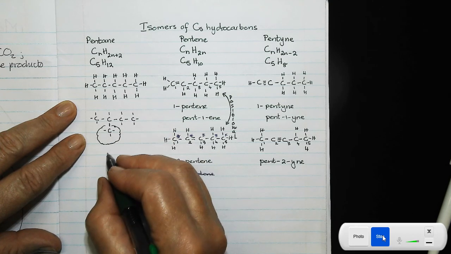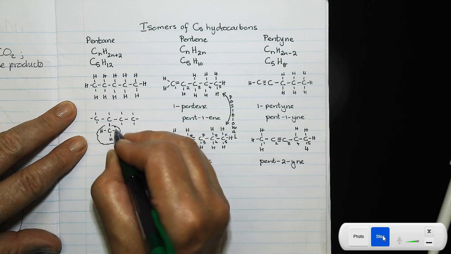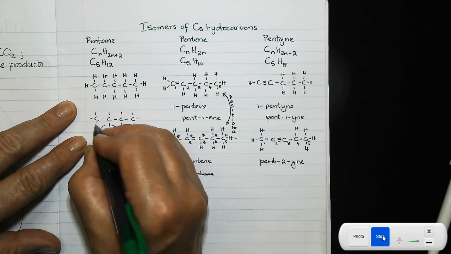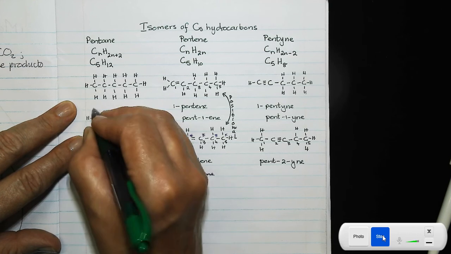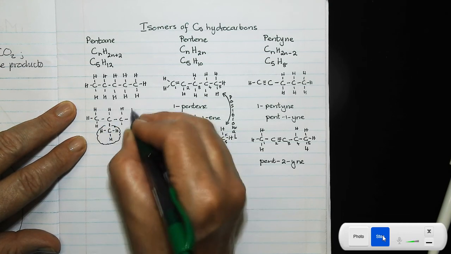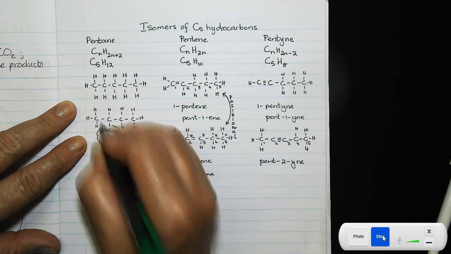It's got 1 carbon, so the methane becomes methyl, and this methyl group is joined onto the second carbon in a chain that's got a length of 4 carbons.